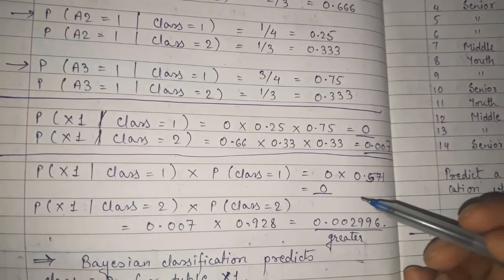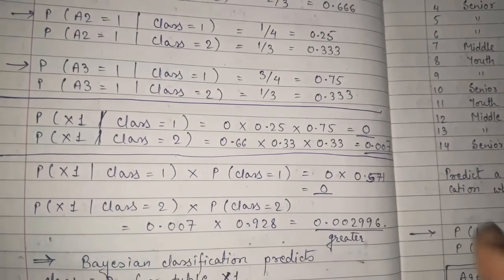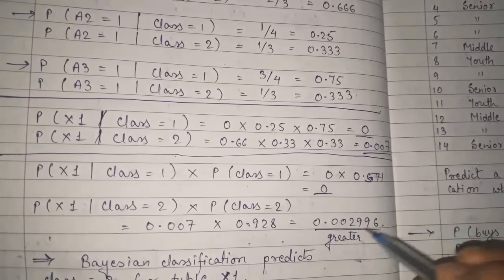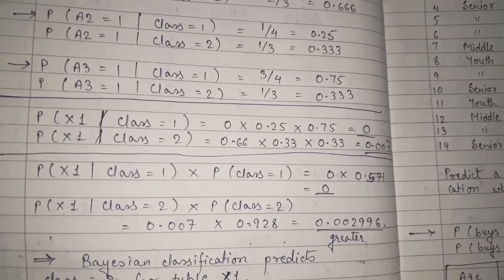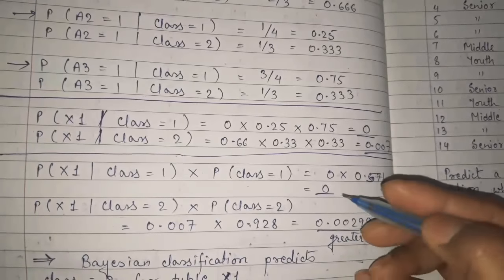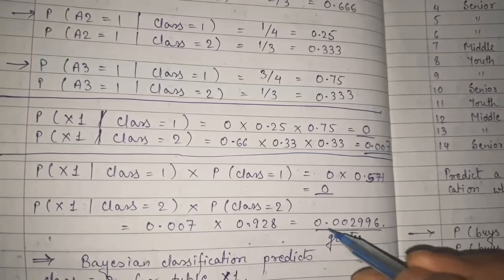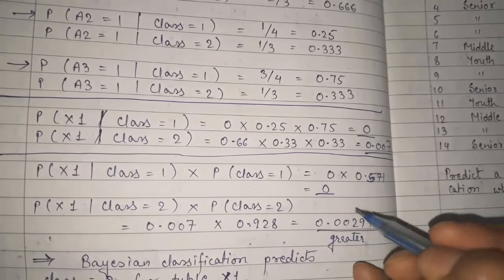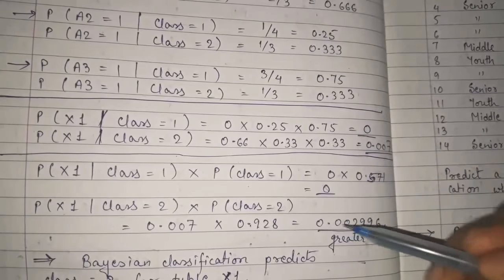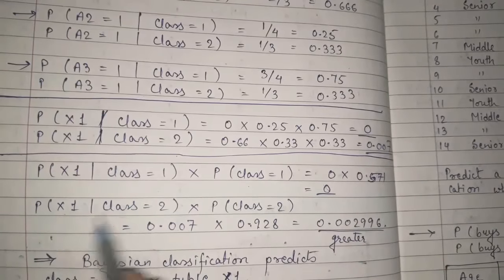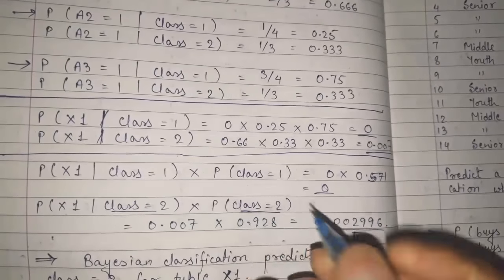Fine. Now this is the final probability that we wanted to find out. Now we simply compare these two values to see which is greater. As you can see, this one is simply 0 and this is 0.00299. In short, it is 0 point something, so this value is greater. So the probability of this x1 being in class 2 is greater.